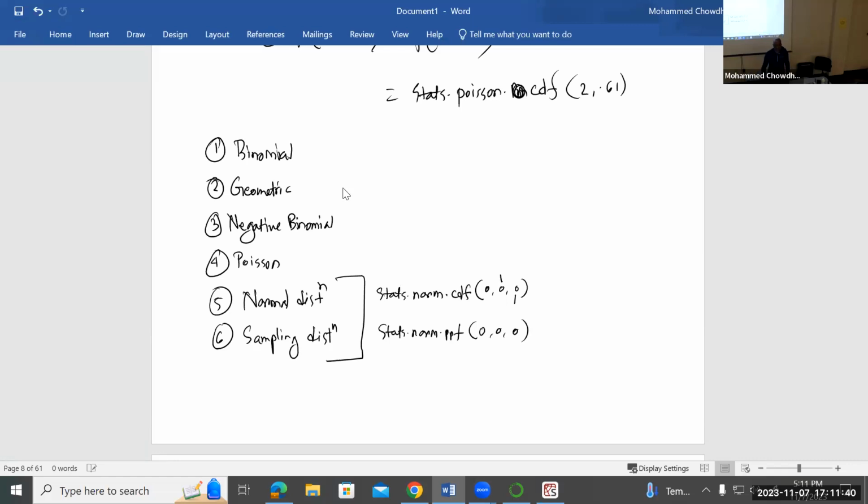One college admission, one good job, one home, one car, one spouse. So by reading the question, if the problem is telling you until I get the success, until I get a success, one success, those are geometric distribution problems.